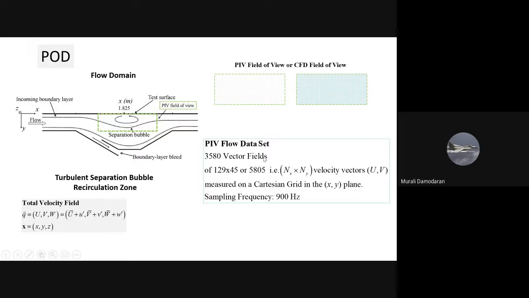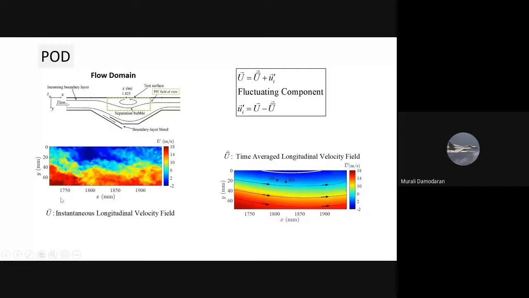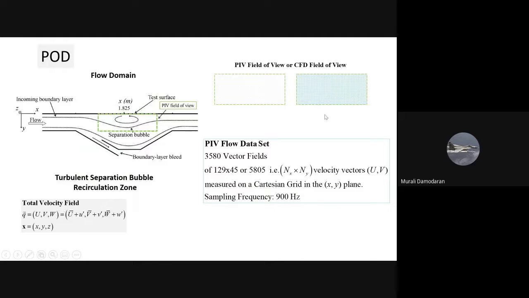That will give me 5805 points, and that many velocity vectors. The velocity vectors have components u and v, and the data is sampled at 900.